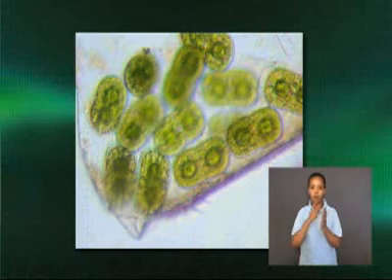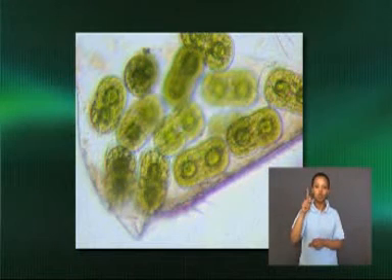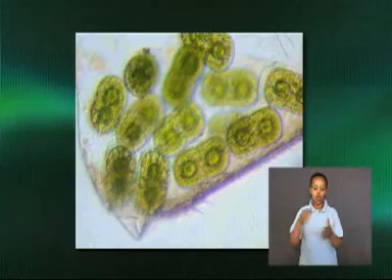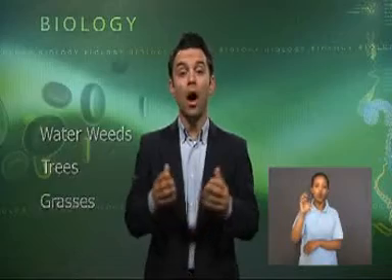Organisms that go through the process of photosynthesis can also be called autotrophs. They are plants on land or in the water, such as water weeds, trees, and grasses.